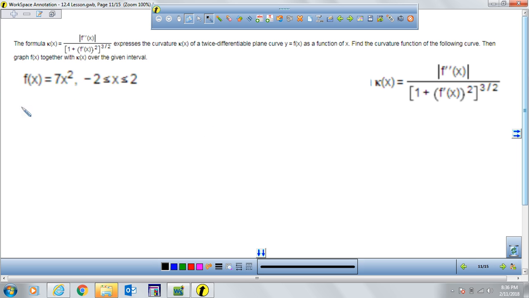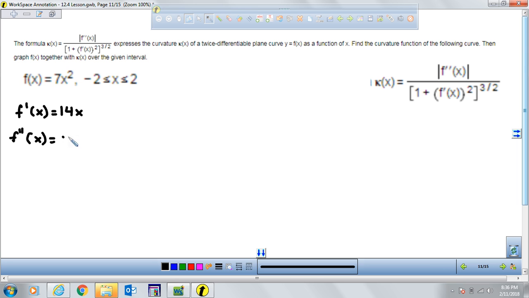First of all, let's get the first derivative. The first derivative of this function would be 14x. The second derivative of this function would be 14. And the magnitude of this second derivative is just the square root of 14 squared, which is going to be the same, 14, because it's just a constant, right?